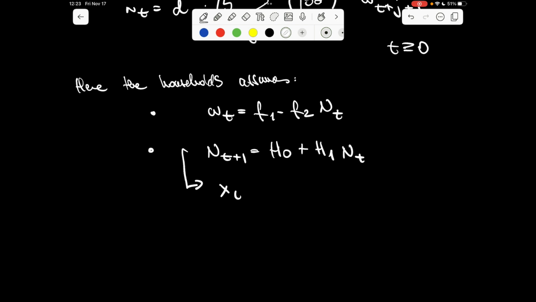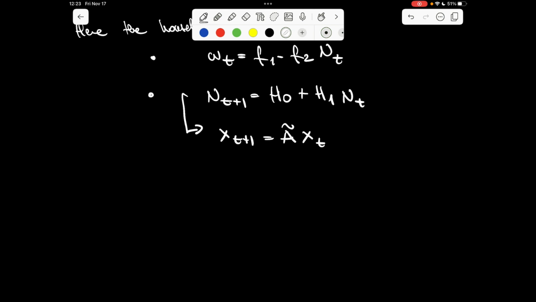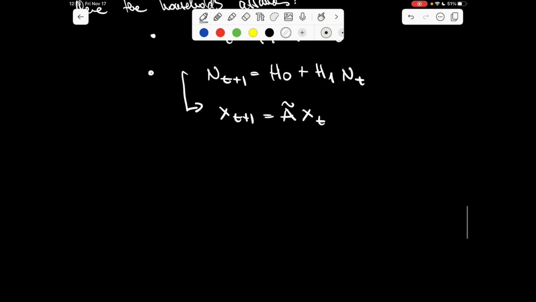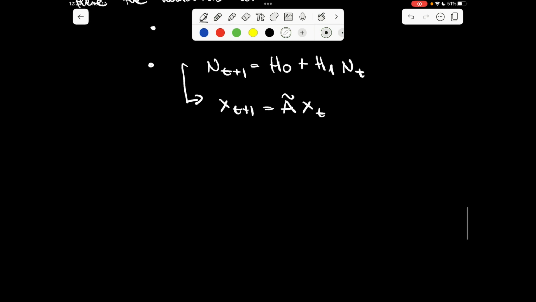In other words, the household believes that there is a perceived law of motion. So there is an exogenous perceived law of motion that is accepted by the household. Any perceived law of motion, in other words, any parameters H0 and H1, implies dynamics, a path for the optimal decision of the household according to the supply function of the household.